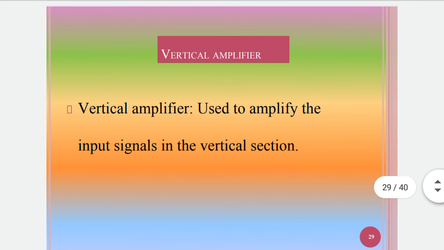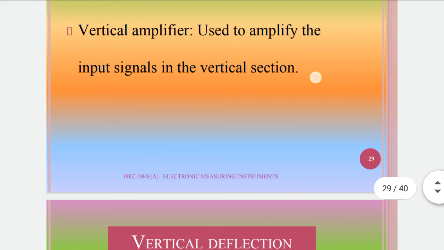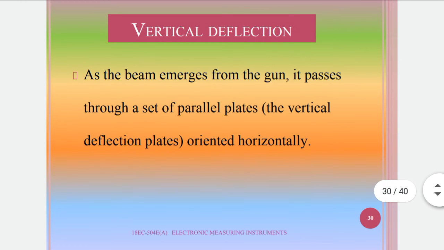And the vertical amplifier is used to amplify the input signal in the vertical section. Vertical deflection: as the beam emerges from the gun, it passes through a set of parallel plates that is oriented horizontally.